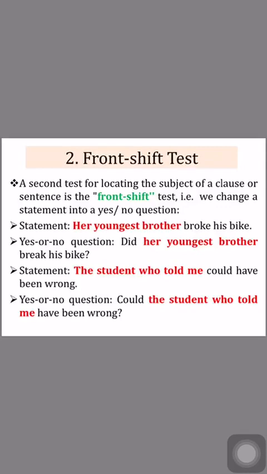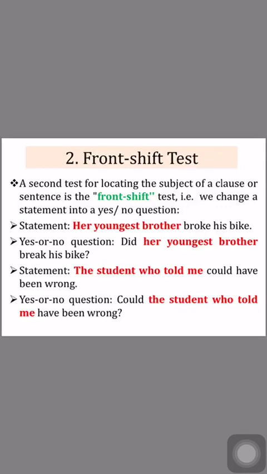So in a yes/no question, the sentence starts with an auxiliary. So the first element within the yes/no question is the auxiliary verb. Of course, the first auxiliary if we have more than one auxiliary. Okay, so we'll start with the auxiliary verb followed by the subject.